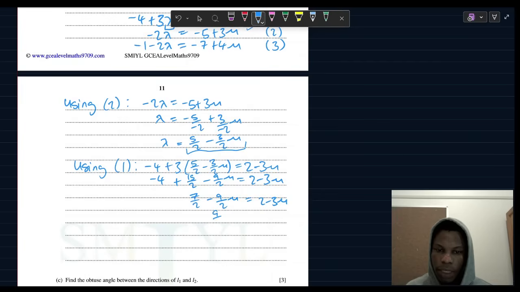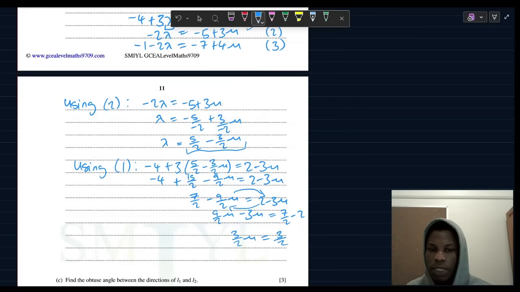If I move the mu terms to one side and the 2 to the other, we end up with 9 over 2 mu minus 3 mu is equal to 7 over 2 minus 2. So 9 over 2 minus 3 is 3 over 2, and 3.5 minus 2 is 1.5, so 3 over 2 mu is equal to 3 over 2. Dividing both sides by 3 over 2, we get that mu is 1.